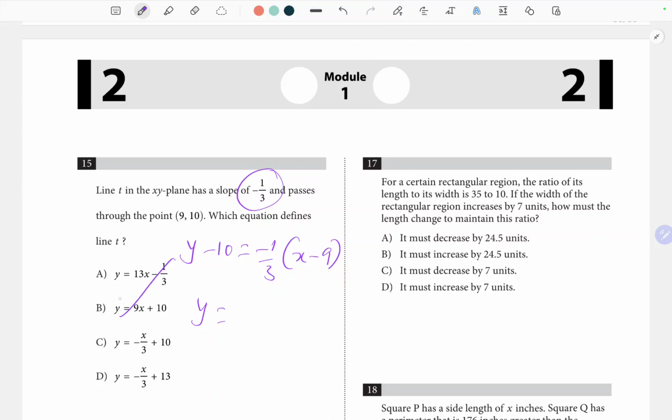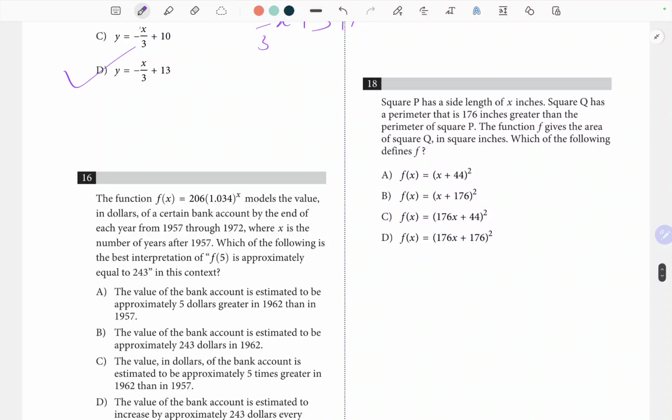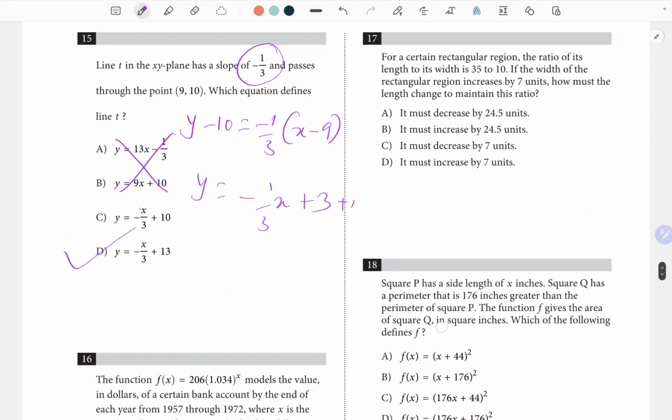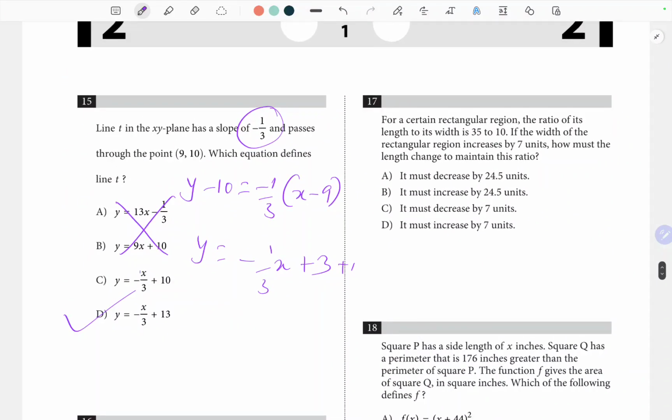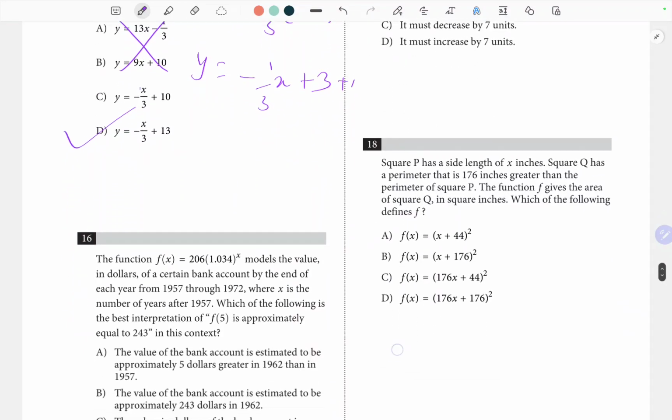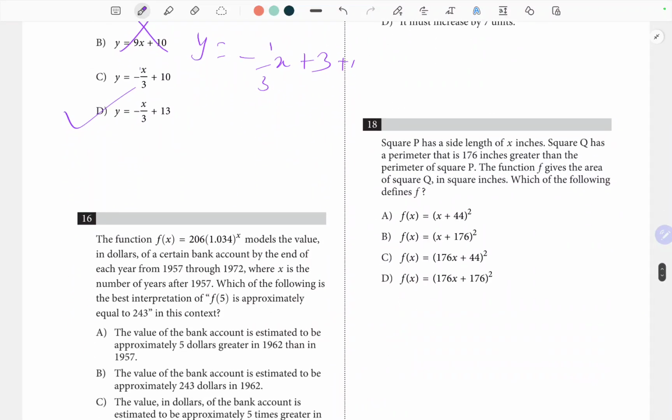We can reject these two, because gradient is -1 over 3 here, and this is -1 over 3x, and here I will get plus 3 and plus 10, 13. So D should be the answer. But if you are not confident how to cancel out the options and get the answer quickly, then you should follow your own method, the normal method, the actual method.